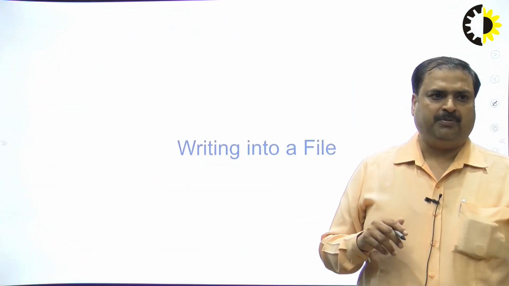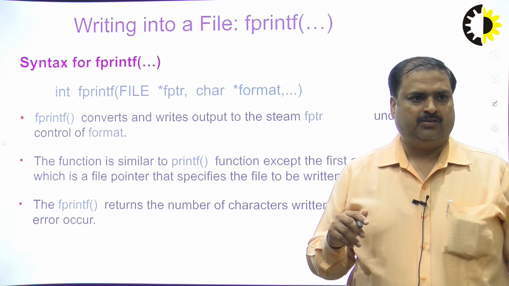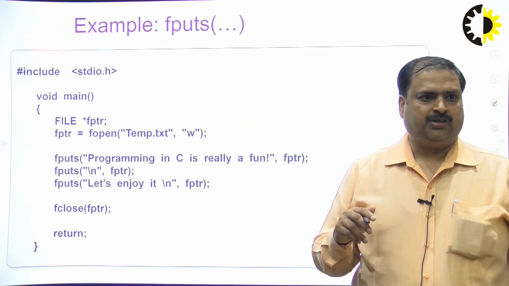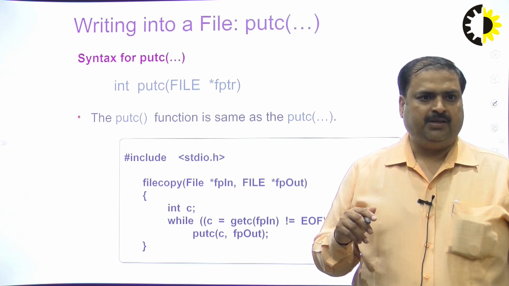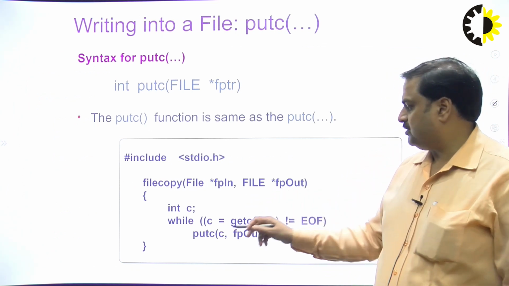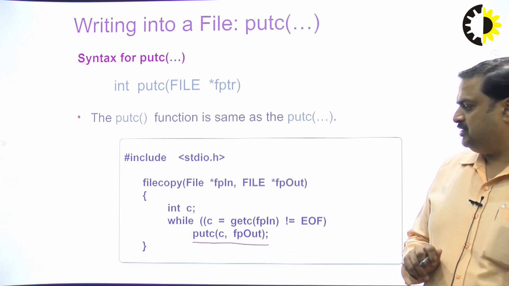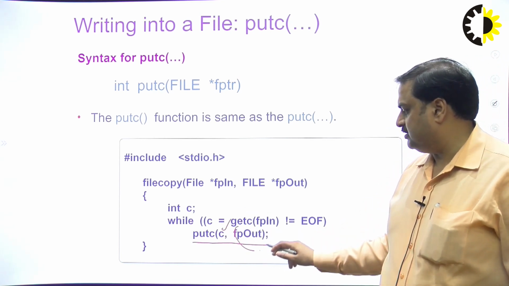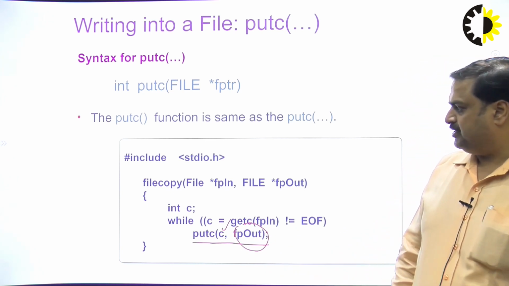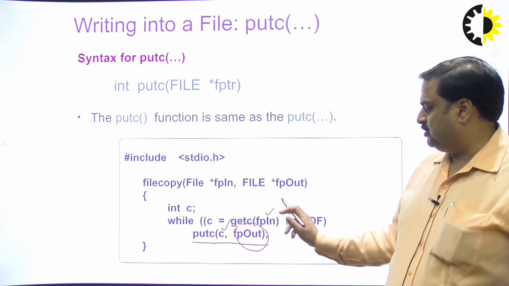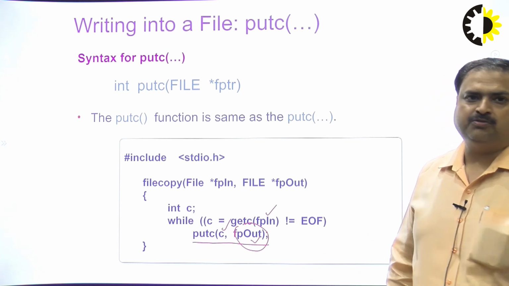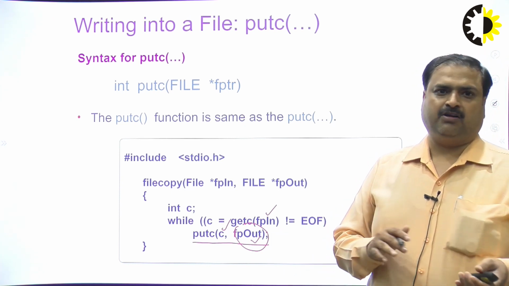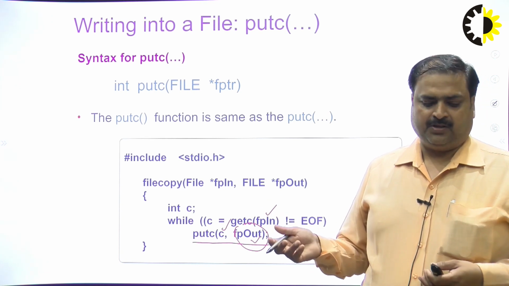Like in another example, here we can use putc. This is the character which we are going to put, and this is the pointer. One pointer we are using for reading, one pointer we are using for writing. So this is how we can copy the content of one file into another file.